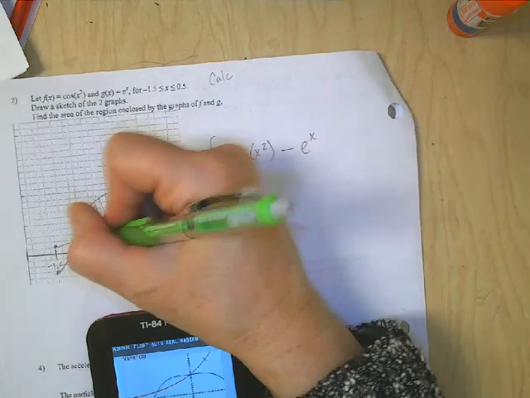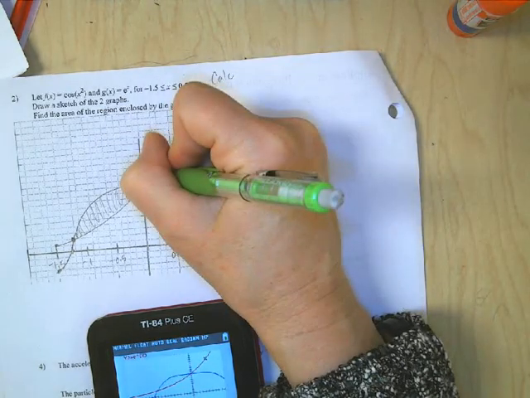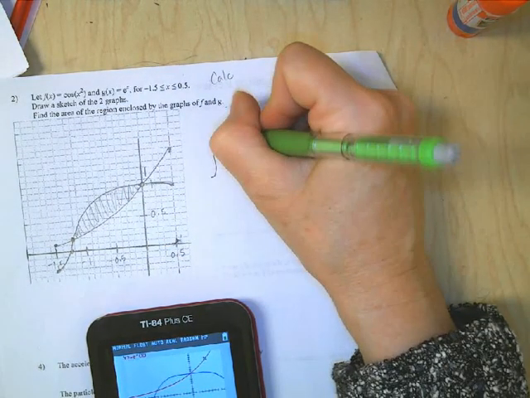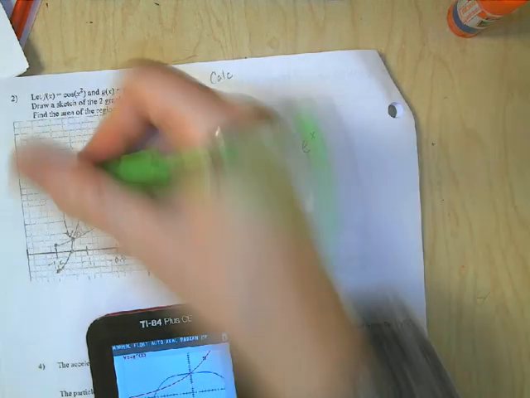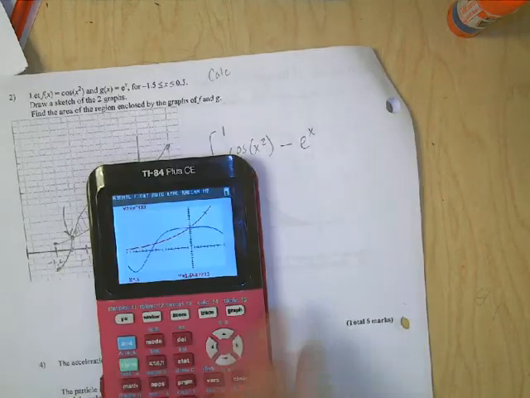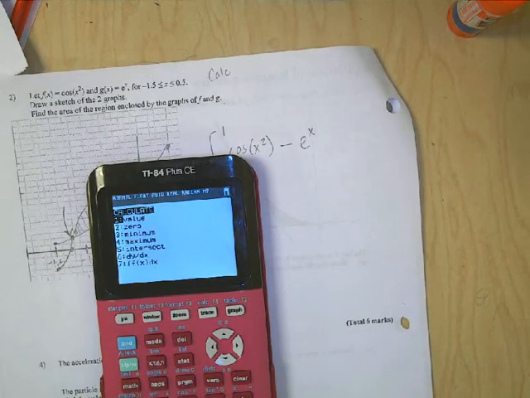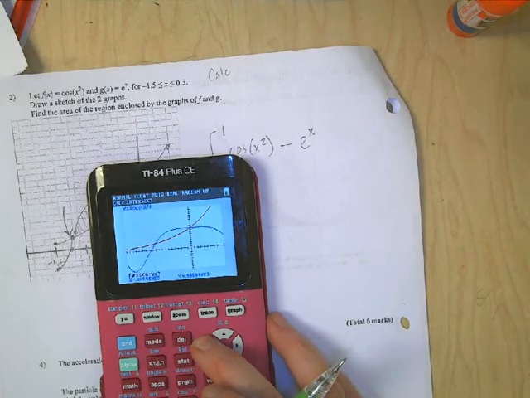So I need to figure out where they're crossing each other. I know here they're crossing at x equals 1. But I need to find this intersection also. So I'm going to go second, calculate intersection. And I want to get close to the intersection before I tell it to do it. So I'm moving the cursor over.